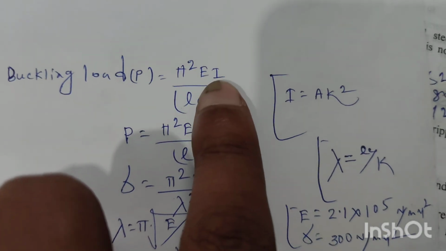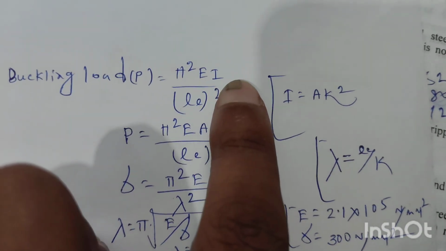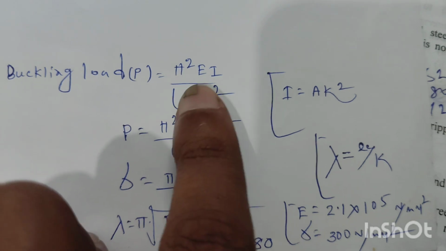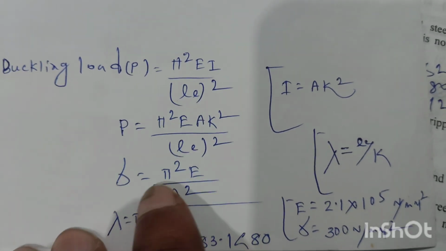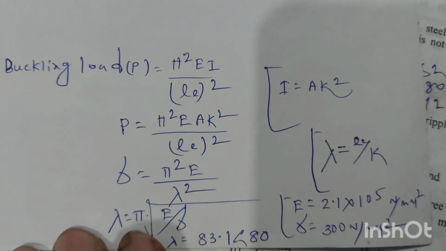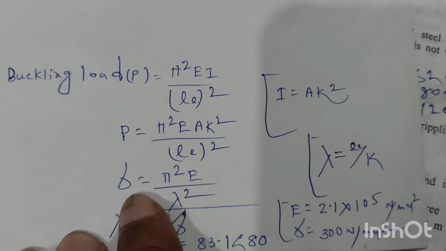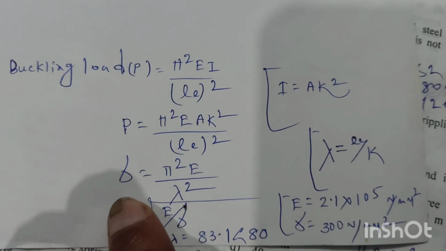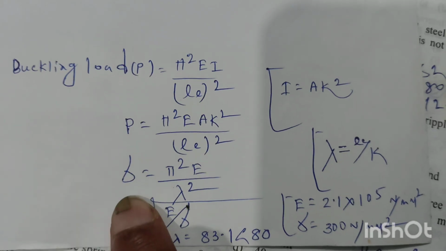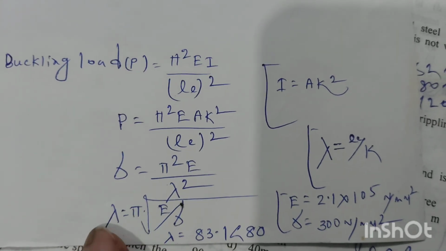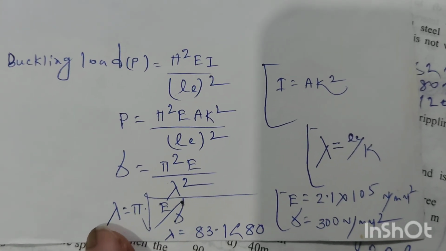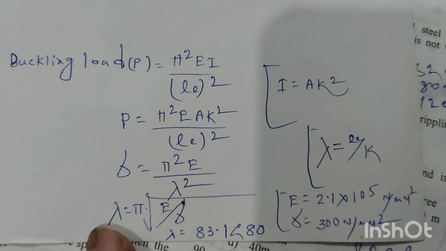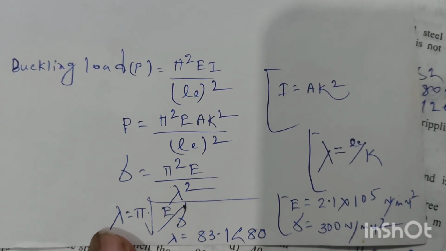So by putting the value of I equal to A K square in this equation, we can write P equal to pi square E A K square by L square, and buckling stress is equal to P by A. So we can also write sigma equal to pi square E by lambda square, where lambda is the slenderness ratio. So slenderness ratio lambda will be equal to pi into root over E by sigma.